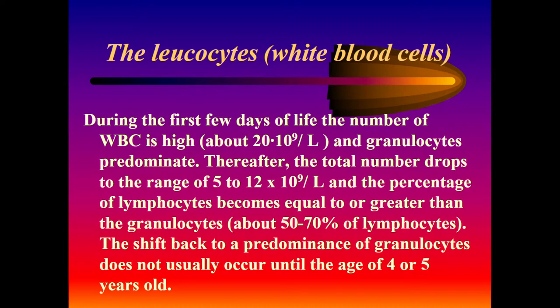The shift back to a predominance of granulocytes does not usually occur until the age of 4 or 5 years old. About this crossover between granulocytes and lymphocytes, you studied in histology.